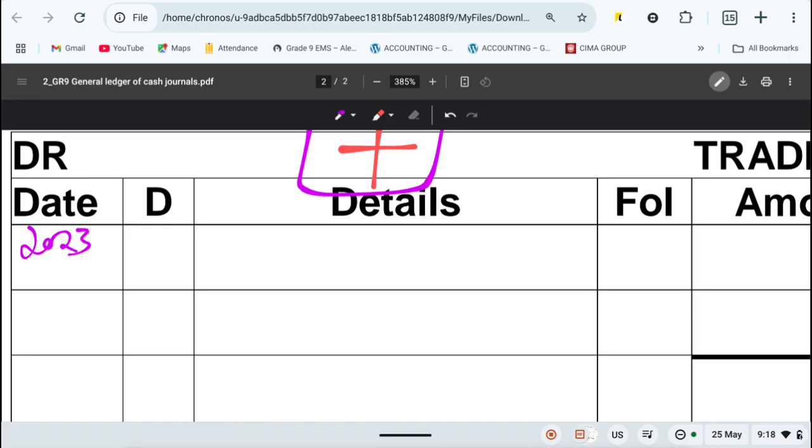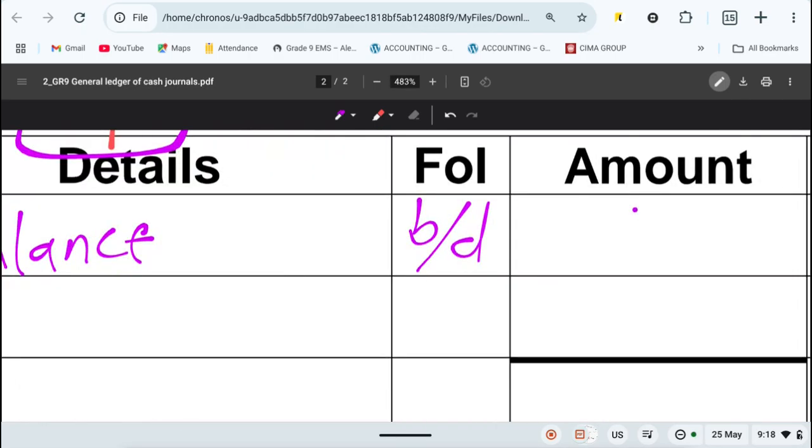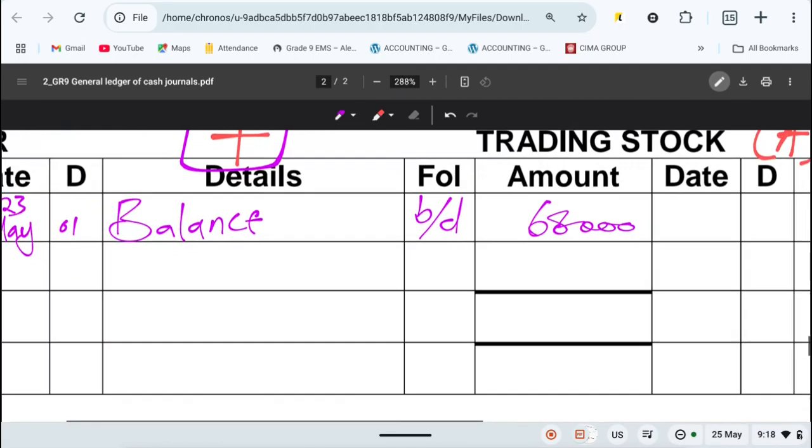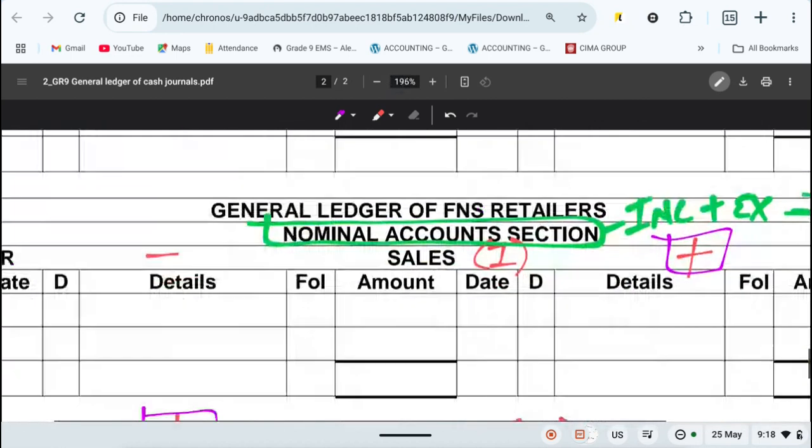So there was 68,000 worth of stock at the beginning of May. So May 1st, balance brought down, 68,000. Done with that.